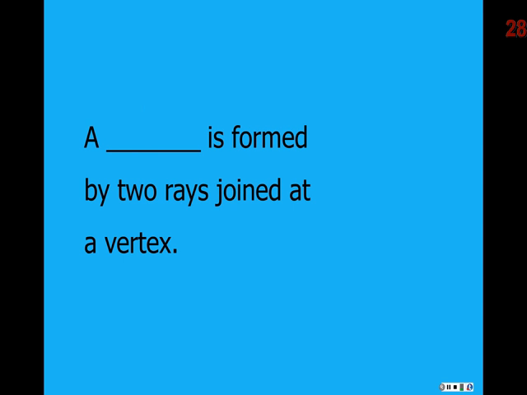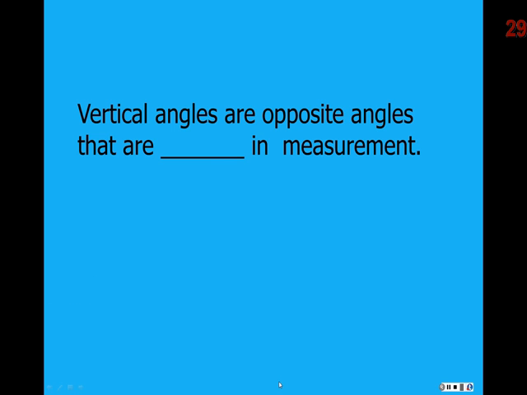A blank is formed by 2 rays joined at the vertex. What's that called? Angle. Vertical angles are opposite angles that are blank in measurement. Vertical angles are opposite angles that are what?